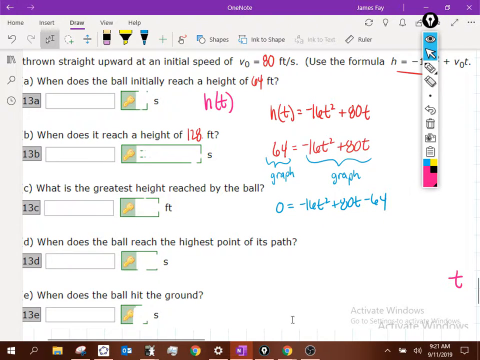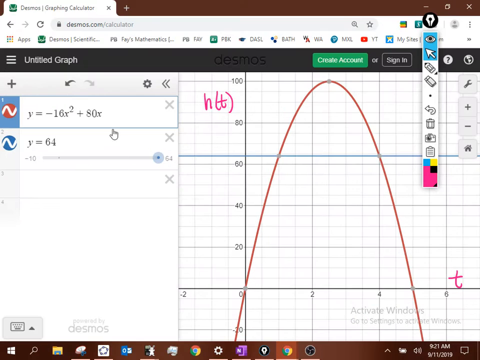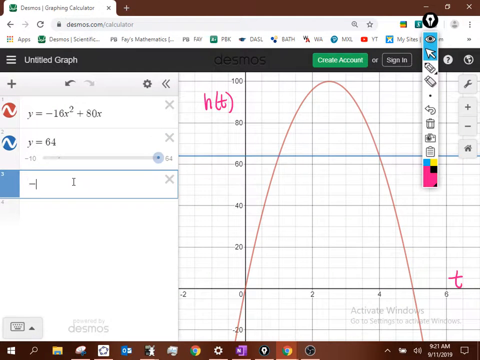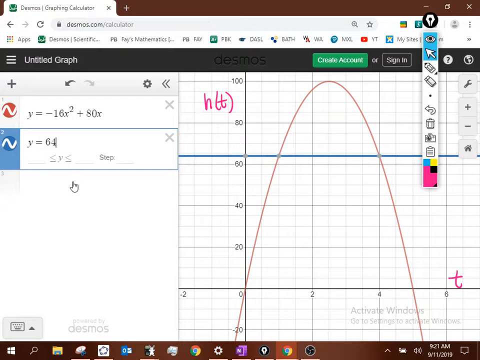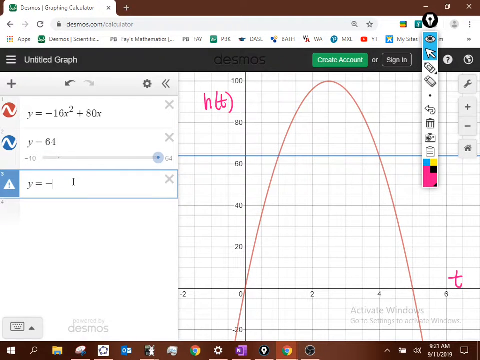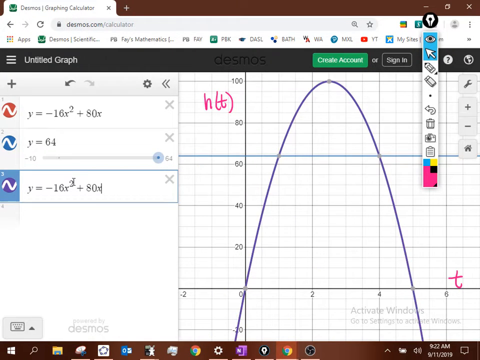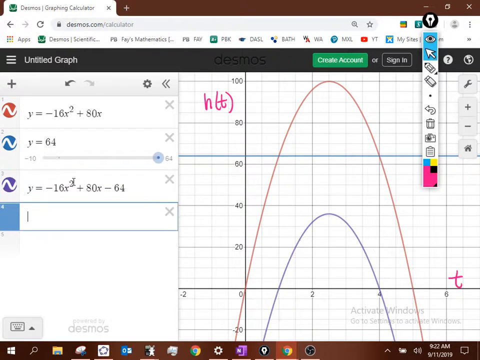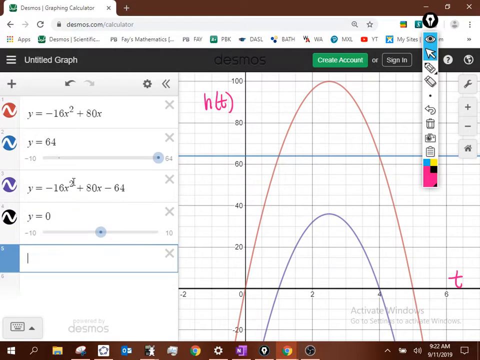Okay, if I were to graph that bottom one, y equals negative 16x squared plus 80x minus 64, we get that curve, okay? And what we'd be looking at that curve intersecting is now that line right there. Does that make sense?